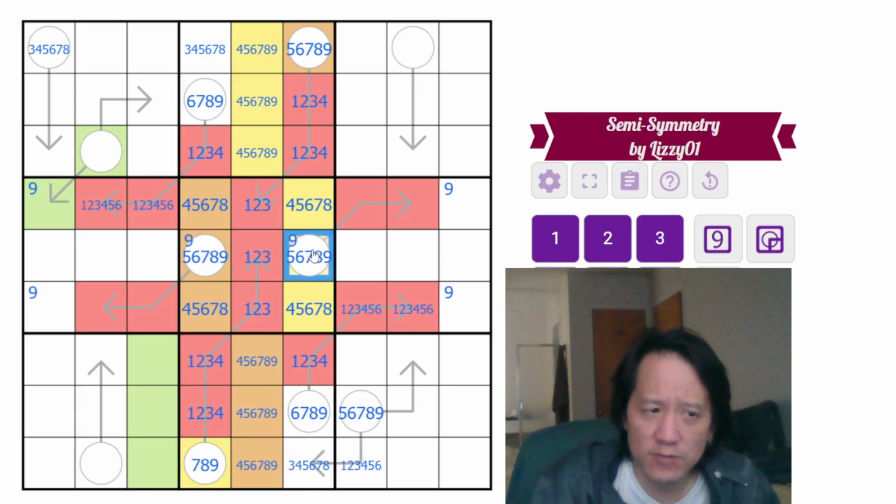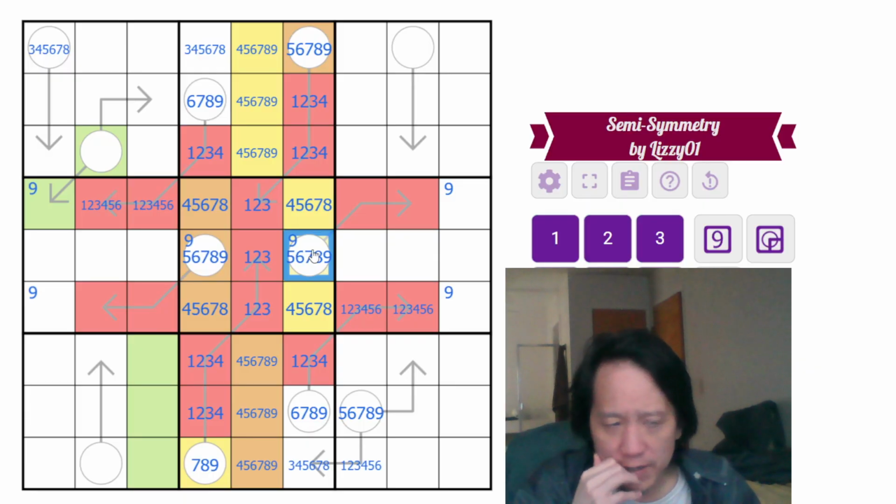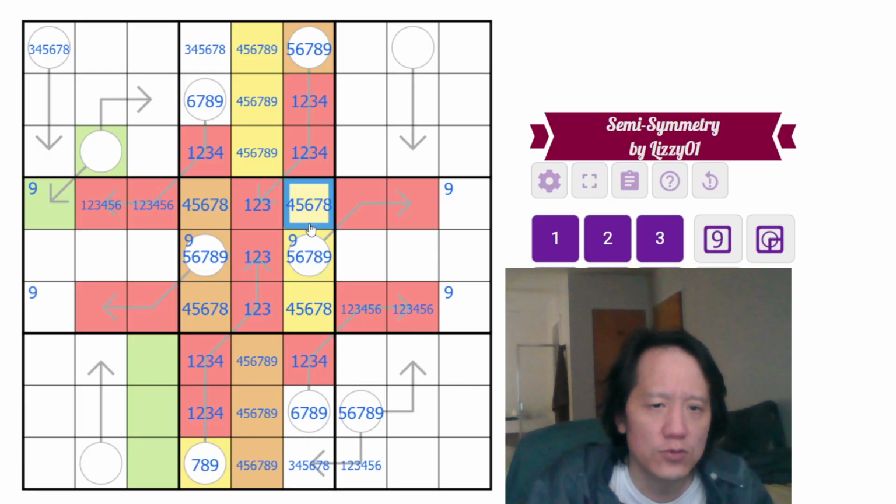589, 689 works. That's all the degrees of freedom you lose. So those are already taken out. 589, 789 means there's a 4 and a 6 in the corner. But that's still 8989.